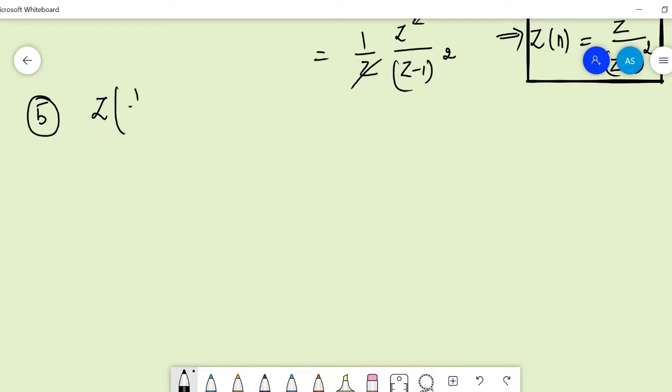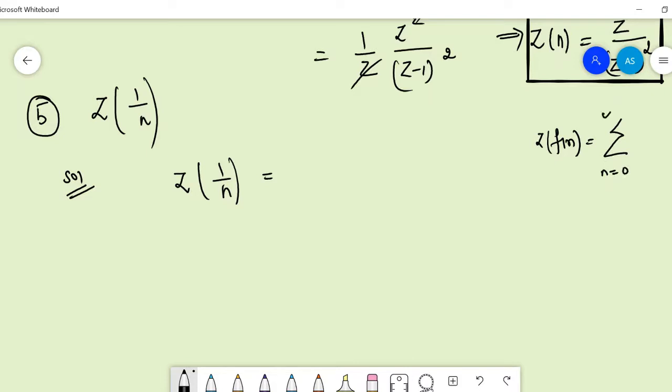Next one, Z transform of 1 by n. Z transform of 1 by n is, so again, Z transform of f of n is summation n ranges from 0 to infinity.